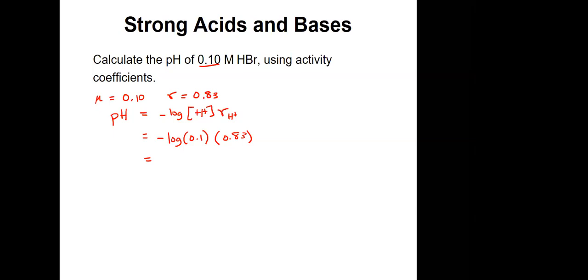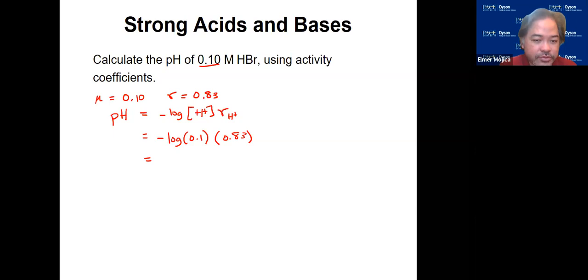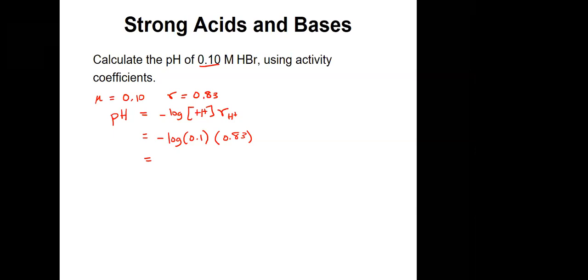Do we multiply the log product by the coefficient? You have to multiply first the 0.1, then get the negative log. Okay, so I got 0.83.